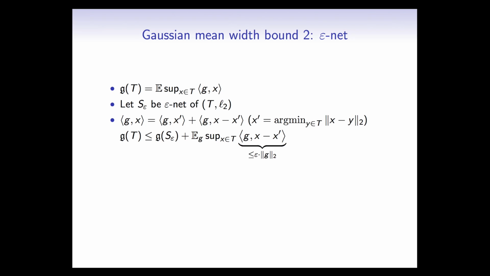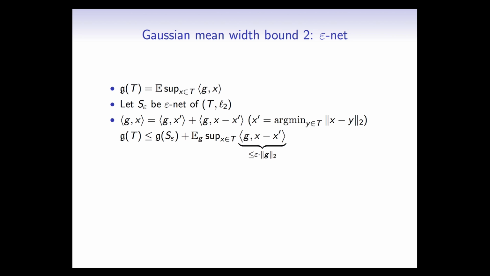Okay? So now if I care about the expectation of the sup, well, the expectation of the sup of this part is just the Gaussian mean width of S sub epsilon. Okay? And this thing over here, if I take the dot product of two vectors, it's at most in magnitude the product of their norms. So this has norm g, the L2 norm of g.